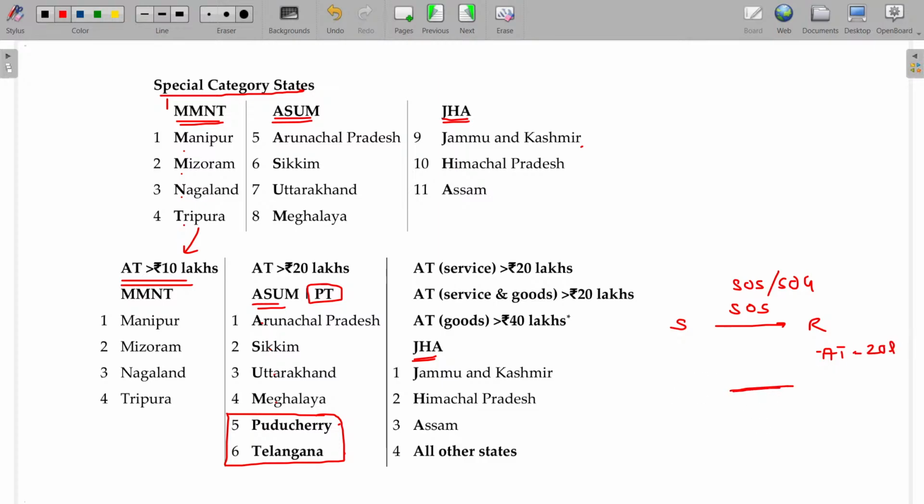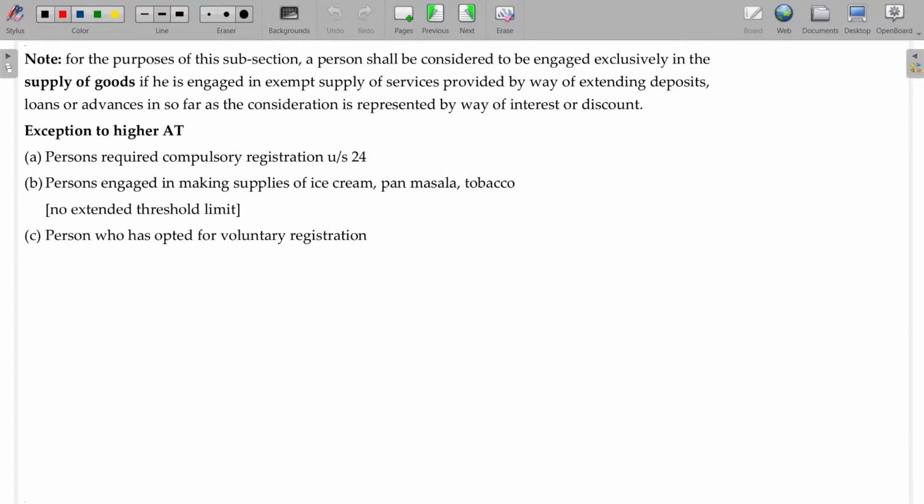If the supplier is involved in supply of taxable goods only, then the aggregate turnover limit is enhanced to 40 lakhs. Is that clear? In case of JA and other states, if they are involved only in rendering services, 20 lakhs; services and goods also 20 lakhs. If they are supplying goods only, then 40 lakhs. The limit is enhanced to 40 lakhs. Clear? Hope you are now able to understand the special category states.